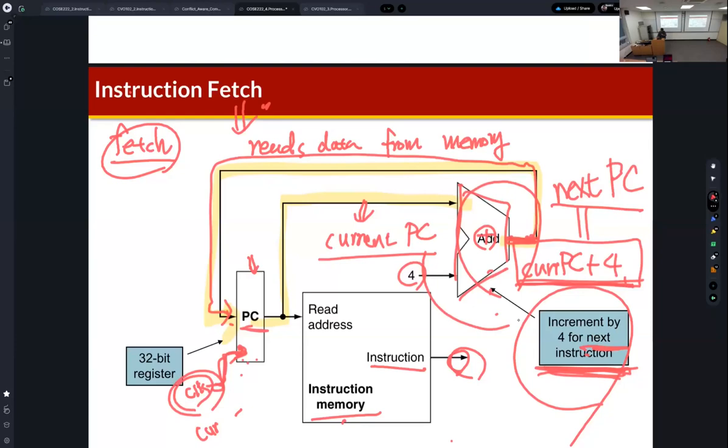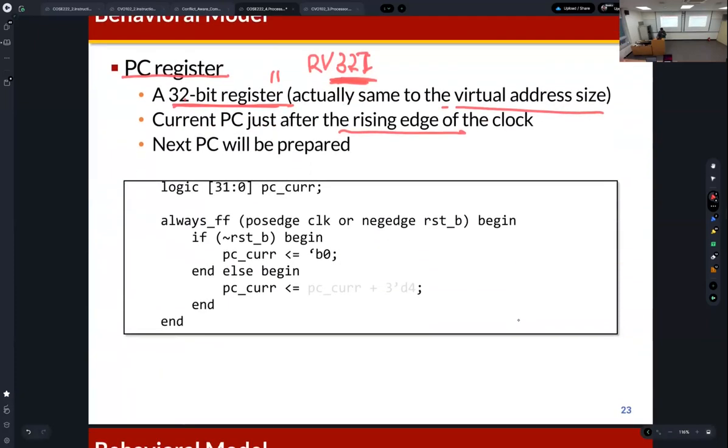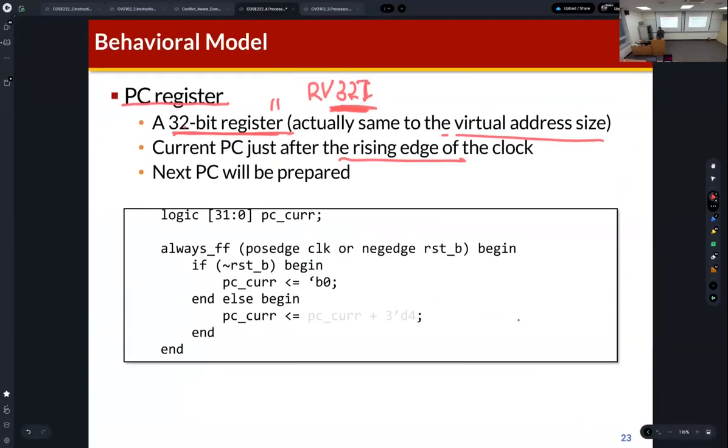Also, the next PC is equivalent to the current PC plus 4. So this is just the behavioral model, SystemVerilog code. You can find PC underbar curr here. So it represents the current PC, right?